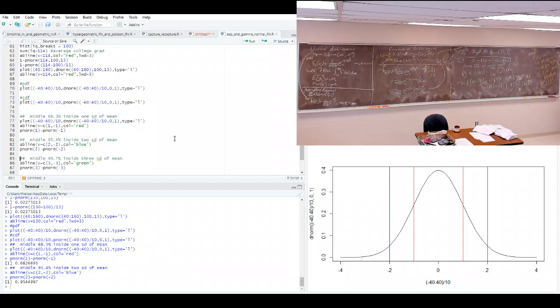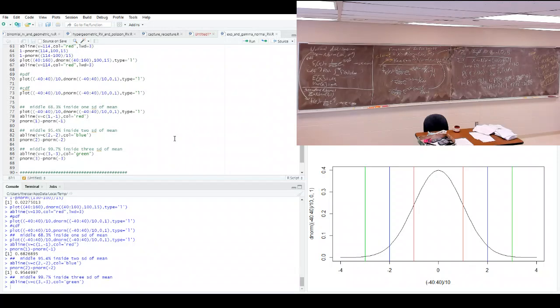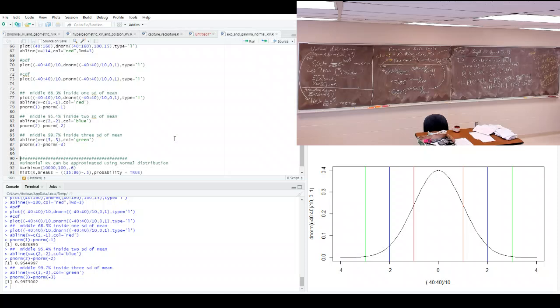And then you could go one more, 3 standard deviations. The green lines are pretty light there. If you're within 3 standard deviations, you now have 99.7% of the probability, which on the low side would be 55, seems pretty low, and on the other end would be 145, which is pretty high.